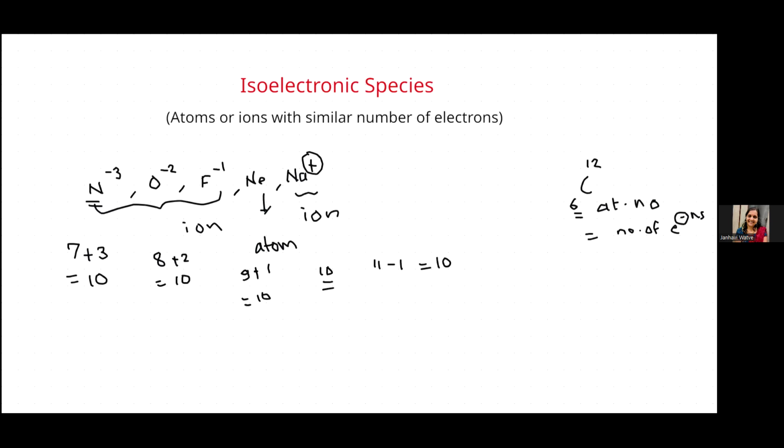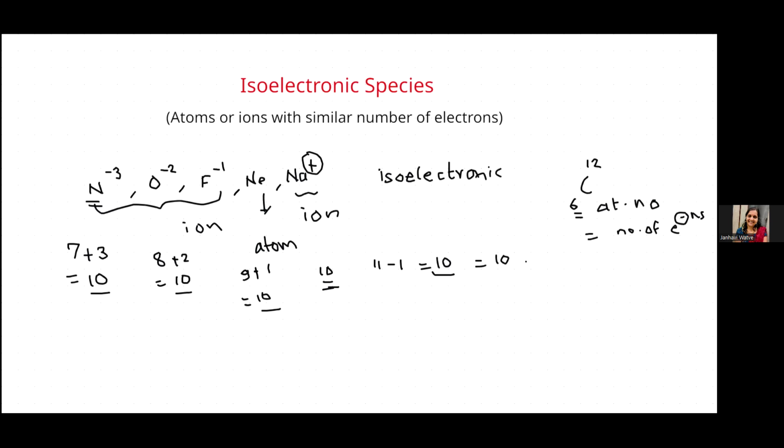Removing 1 electron means you are removing 1 negative charge, so that is 10. Here you can see all the species have 10 electrons. So all these species, N minus 3, O minus 2, F minus 1, Ne and Na plus 1, are called isoelectronic. Why isoelectronic? Because all have the same number of electrons.